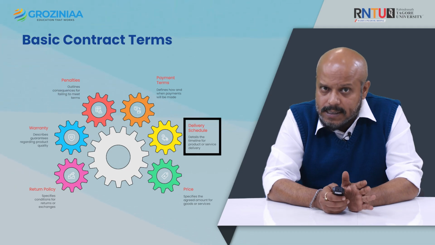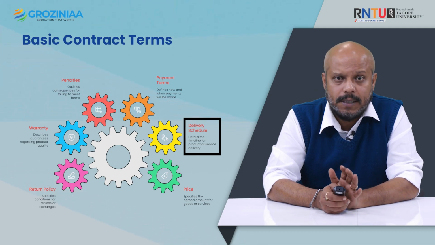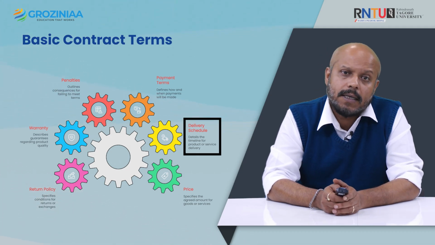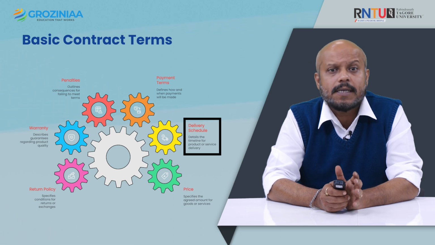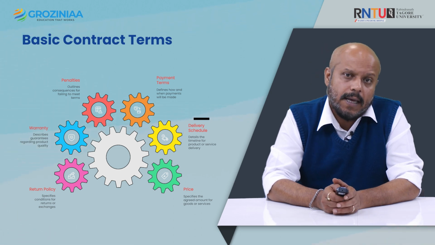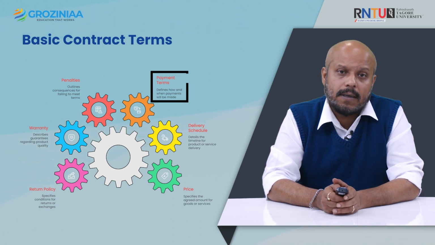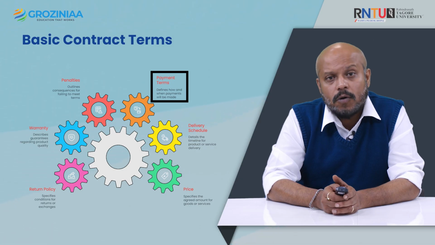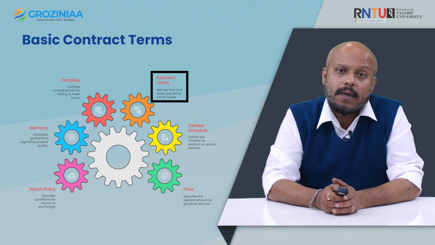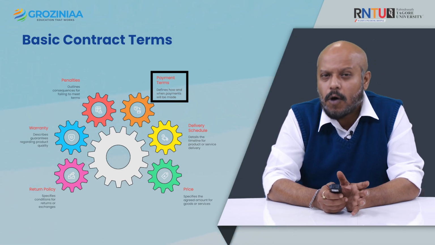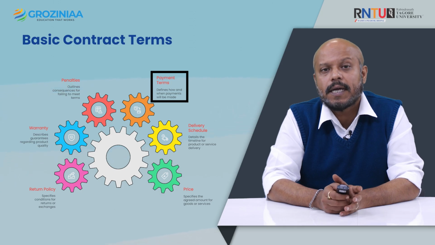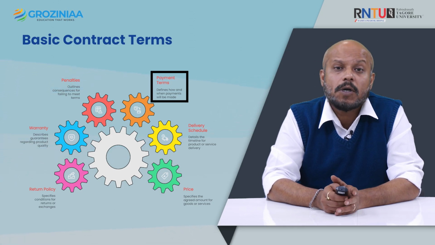So once the price and the delivery schedule have been taken care of, now comes another important and basic part of the contract, and that is terms of payment, often known as TOP in corporate jargon.